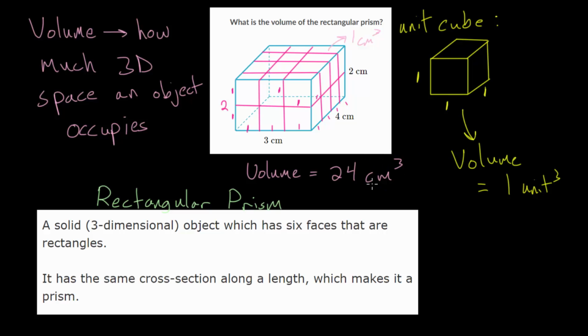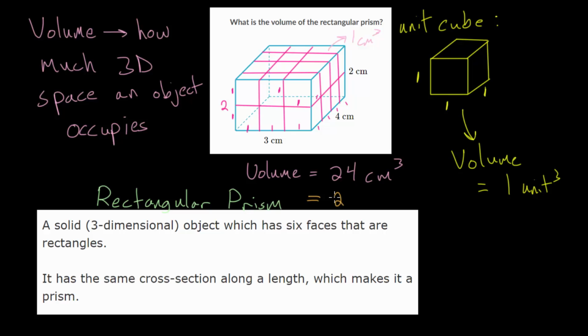That 24 cubic centimeters, this volume that we got by just counting up these unit cubes, can also be found by taking our length and multiplying it by our width, and then multiplying it by our height. And again, those words are really interchangeable. You could have called this the width, this the length, and this the height. But the main idea is that we multiplied the three different dimensions.